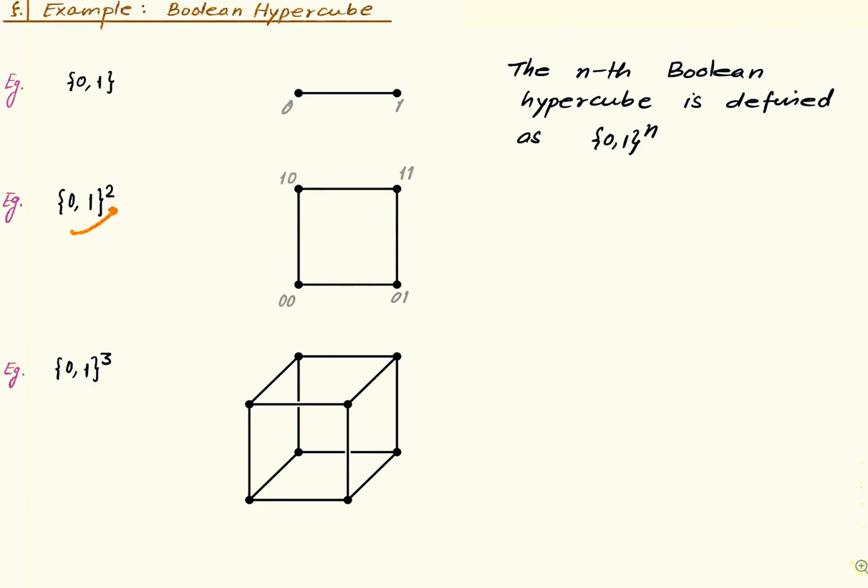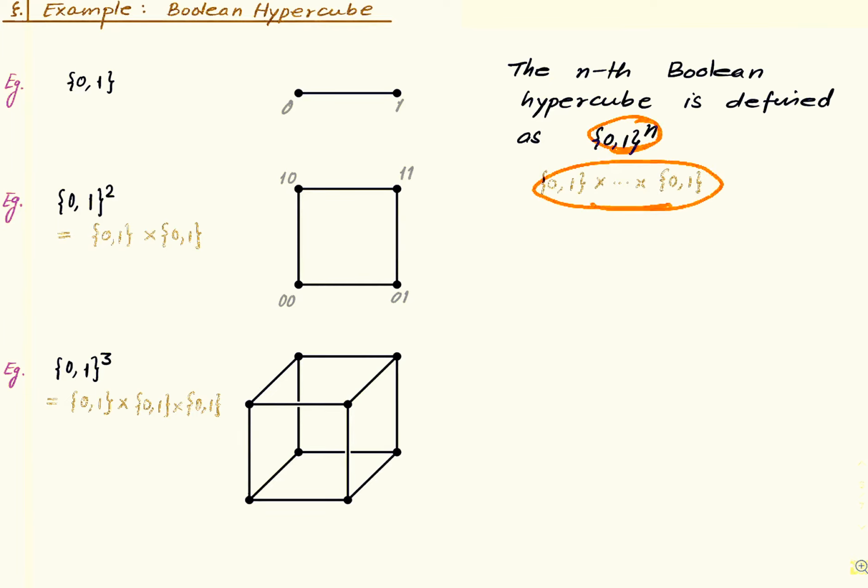When I write this, I mean this is a shorthand for that, and this is a shorthand for this. So when we write this, we mean take the n-fold Cartesian product of {0, 1} with itself. And this is just a notation to denote this. So this is n times. All right, so that's the definition of the nth Boolean hypercube.